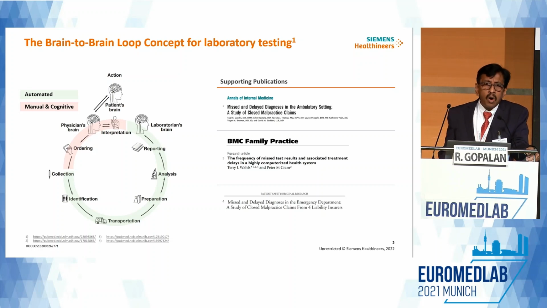So as you know, in recent times, a number of things have been automated. For example, the moment the blood is drawn from the patient, it is labeled, it is transported to the laboratory, and then it is verified whether it is not lysed or anything like that, ready to be analyzed. And then it is validated, and then the results are reported back.